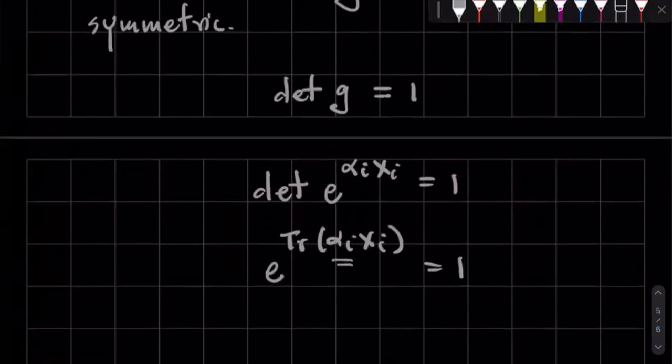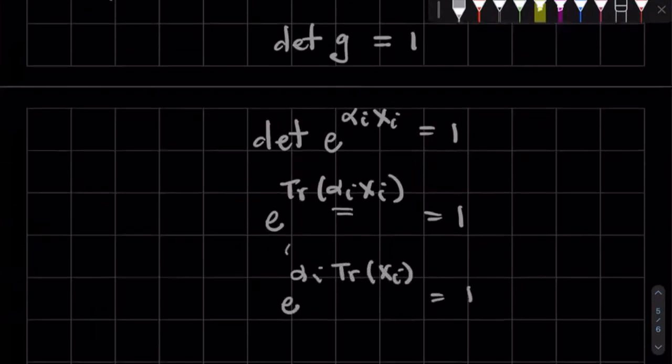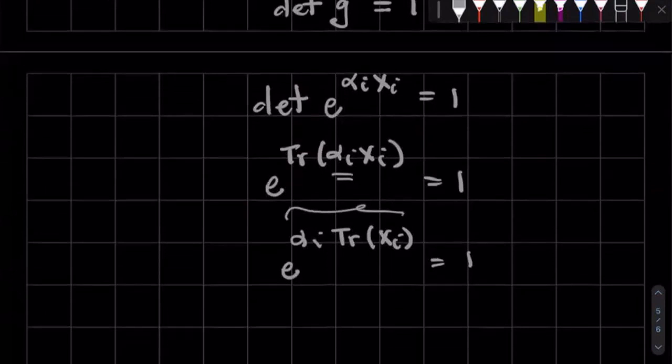But these alpha_i are just numbers, so they come out of the trace, and trace is linear. So we can write this as trace of x_i. Now, the argument of the exponent is just a number. And these are arbitrary. So for this to be true, the trace of each generator has to be 0.